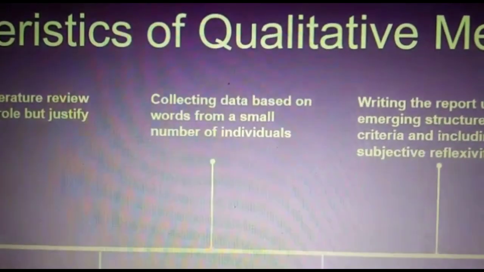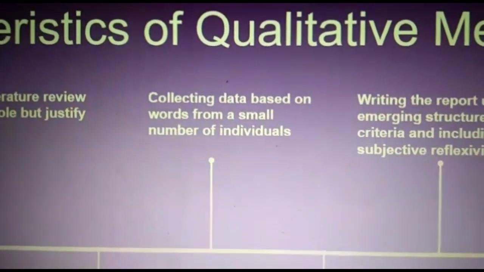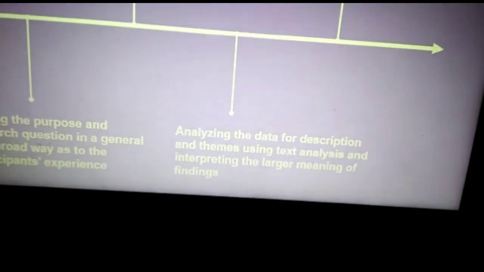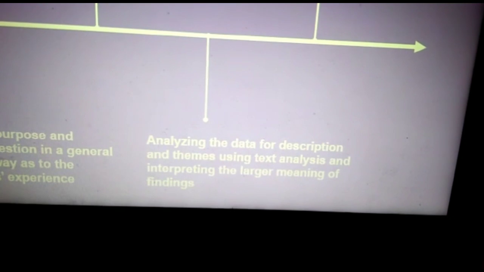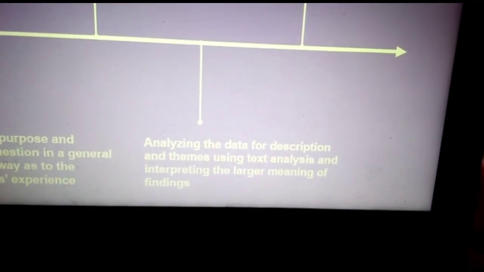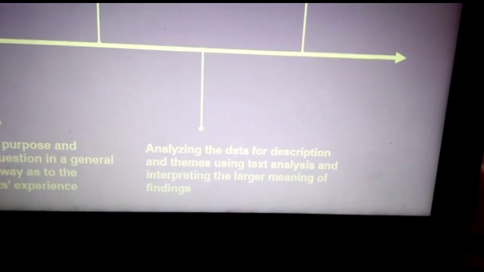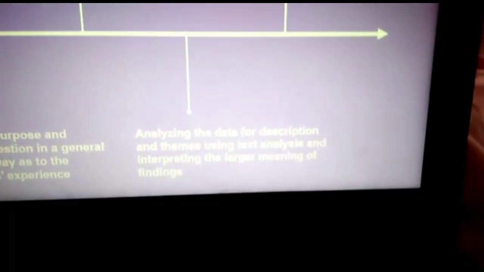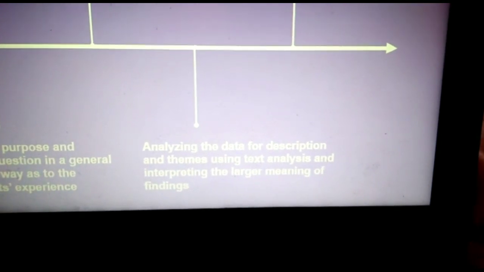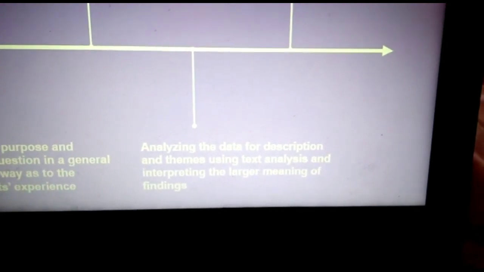And next, collecting data based on words from a small number of individuals, and then analyzing the data for description and themes using text analysis and interpreting the larger meaning of findings. So here the researcher will explore and analyze the data.